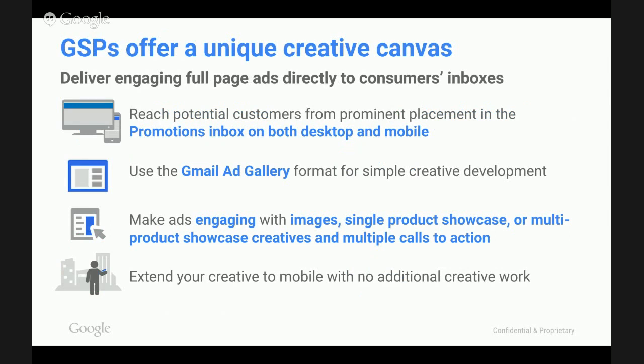So GSP offers a unique creative canvas. As I mentioned, you can really get creative there. With Gmail sponsored promotions, you can take advantage of different flexible creative canvases to craft the perfect engaging ad experiences. And you can just use these ads to deliver relevant messages to your users. We also support HTML formats, and you can have ads that are up to 650 pixels wide.